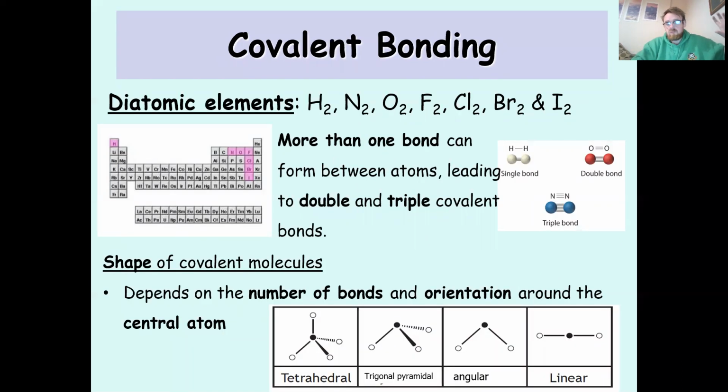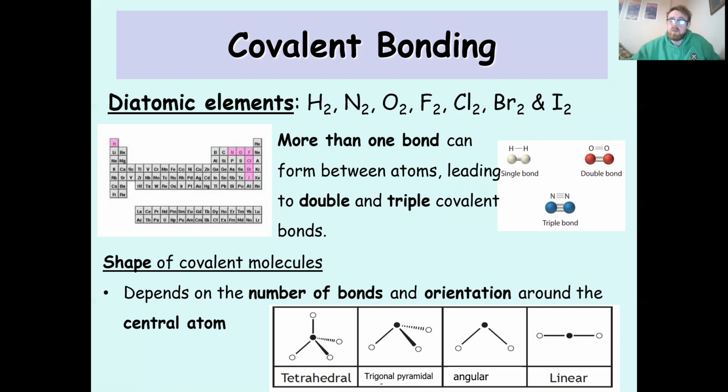Covalent bonding. Last 2 things you need to know about covalent. Diatomics. Please remember your diatomics. However your teacher taught you how to remember them, use that. I'm not going to go over it because I don't want to confuse other people. If you weren't in my class, you won't have been taught the way that I teach how to remember them.